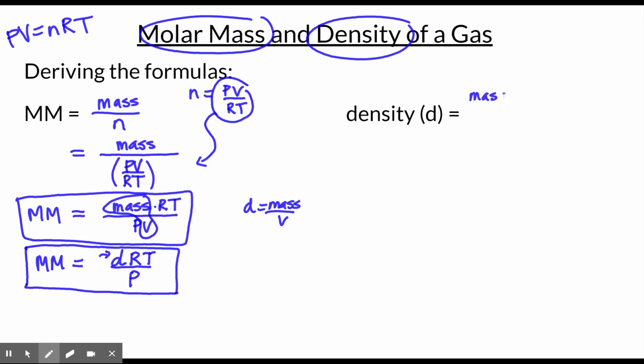Density is mass over volume. Well, volume is also in PV equals nRT.